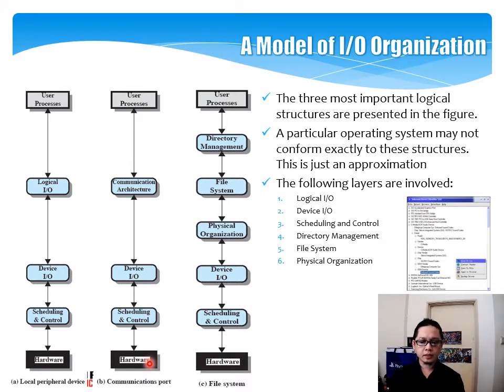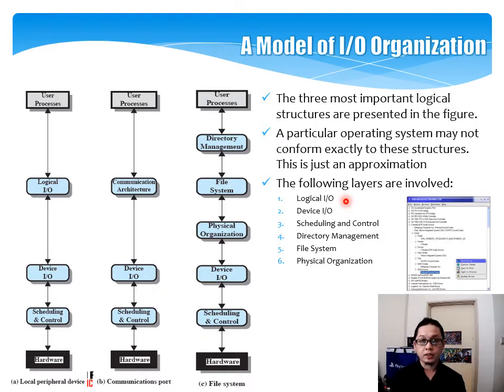So we have the following layers to help the user communicate with or use the hardware. From the user to the system and to the hardware, we have these layers of the system involved in order to get what the user wants from the hardware.